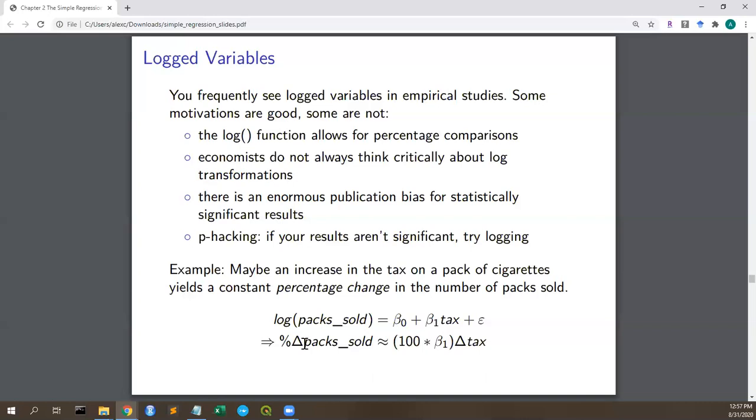That's a much different interpretation than saying a 1 unit increase leads to a beta 1 dollar increase. Rather, I can say a 1 unit increase in this leads to a beta 1% change in housing price or something like this.